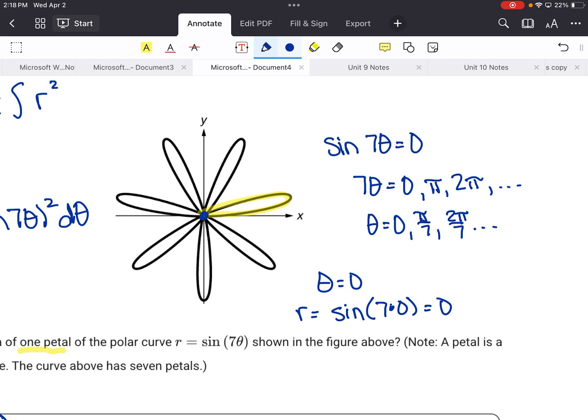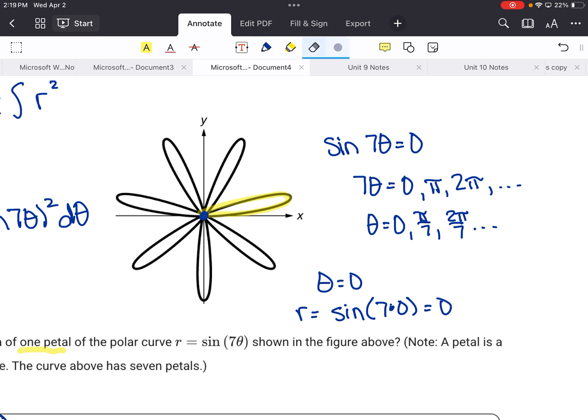Okay, so I've got a point at 0, 0. The radius is 0 when the angle is 0. I'm going to pick something between, I don't know exactly what pi over 7 is off the top of my head, but I know pi over 6 is 30, so pi over 7 would be a little less than that.